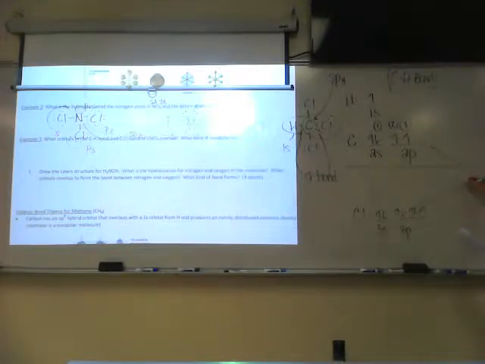So if I'm making S, P1, P2, P3, which is my hybridization on carbon, then you're going to have your 1, 2, 3, 4. Okay.